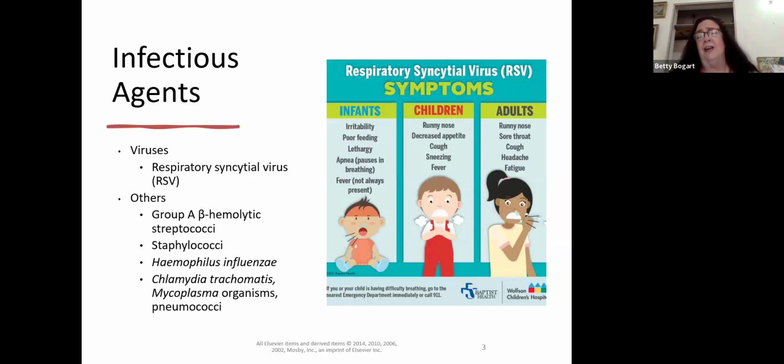Now here's a picture on RSV. You've all heard about it. I mean, RSV for you and me is a common cold. But when we talk about infants, we label it with a name because it tells you what the symptoms are. When you're an infant, you are an obligatory nose breather. That means you use your nose to breathe, not your mouth.